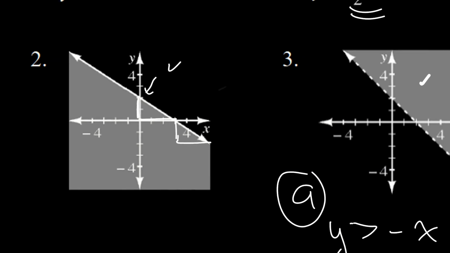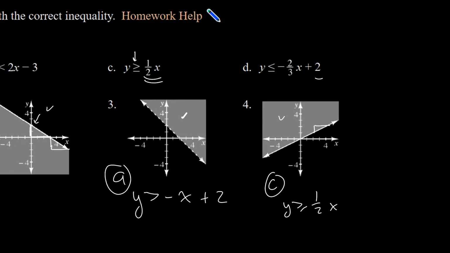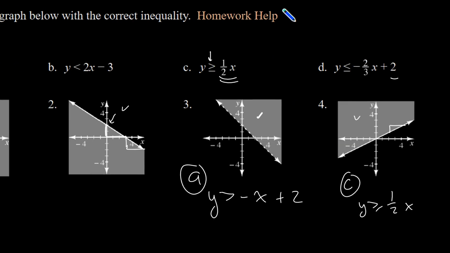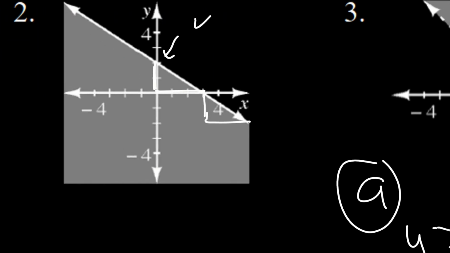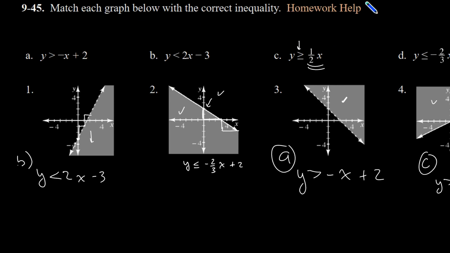So it's got the correct slope. Also, D says less than or equal to, and I can see it's a solid line with everything shaded below it. So these are the y values lower than the boundary, right? Y's are less than. So this is y is less than or equal to -2/3 x plus 2. So that's question number 45.